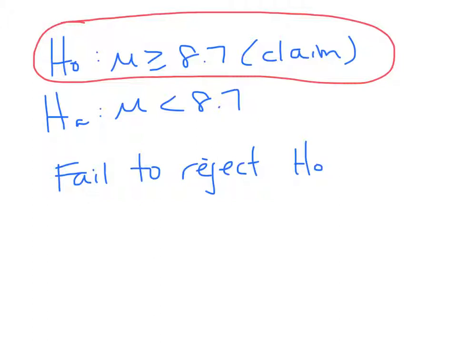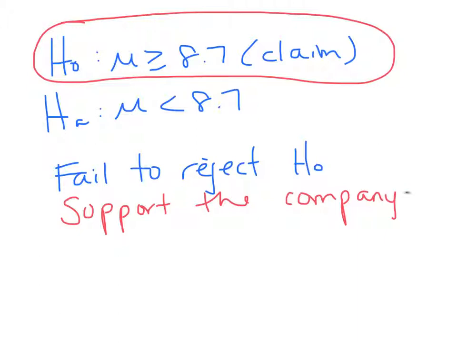Because I'm going with H sub 0, do you see when I circled it, I circled my claim at the same time. So that means I am able to support the company's claim. I could not find enough evidence to not support them. So these two things do not always go hand in hand.